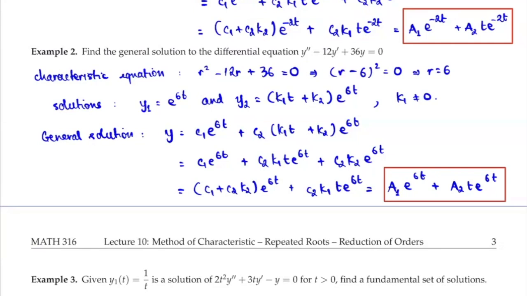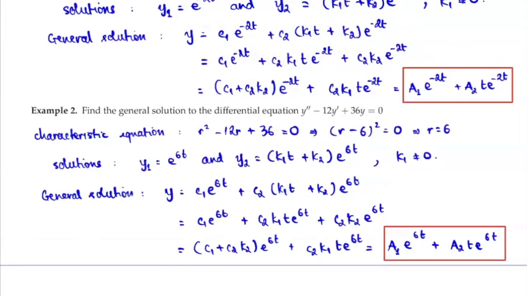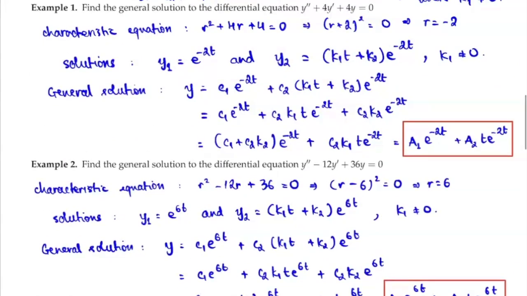From now on, for the case of linear homogeneous second-order differential equations with constant coefficients, you can go directly to the general solution of this form: A1 times e to the rt plus A2 times t times e to the rt. You don't have to follow all the calculations to arrive at the answer. You can just use the answer directly. Any questions on that?